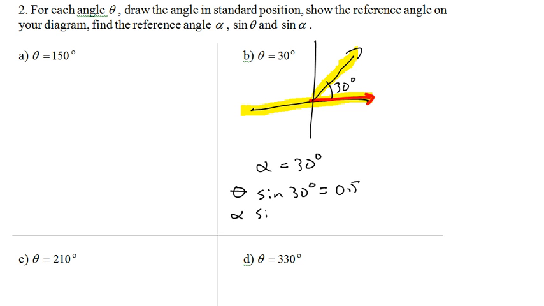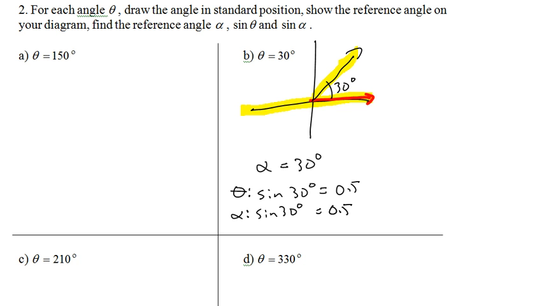And our alpha is also 30, so of course sine 30 for that is also going to be 0.5. So notice in this case, sine of our standard position angle and sine of our reference angle are the same.